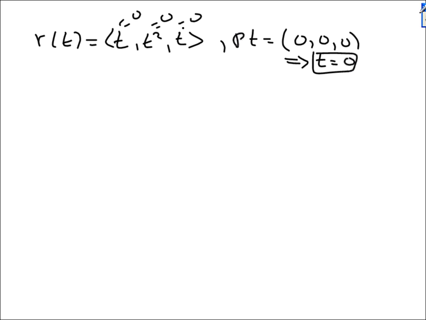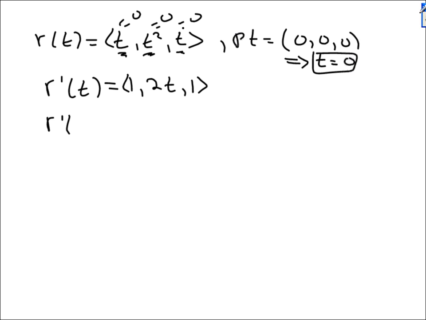The 0, 0, 0 was a point in the xyz system. So, let's go and find T. r prime is 1, 2t, 1. I took the derivatives of each of these separately.